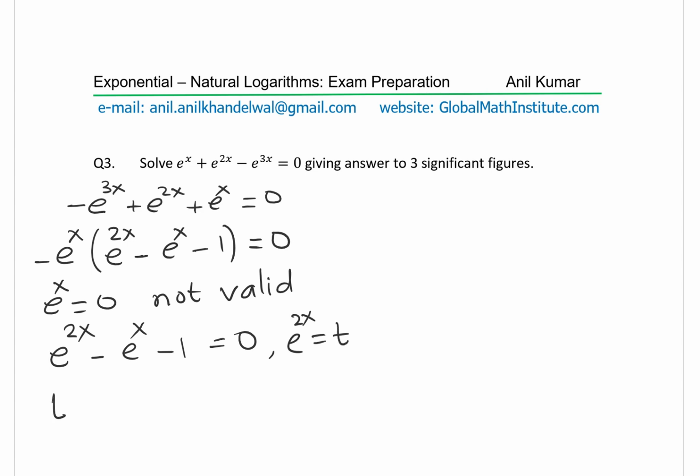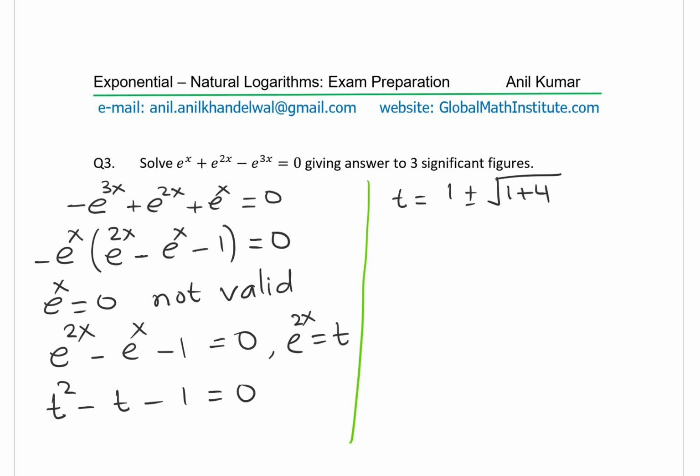So we get a quadratic equation which is t squared minus t minus 1 equals to 0. Let's use the quadratic formula to find the answer. So we get t equals to minus of minus 1, plus or minus square root of b squared minus 4ac, over 2a, so it is 2.